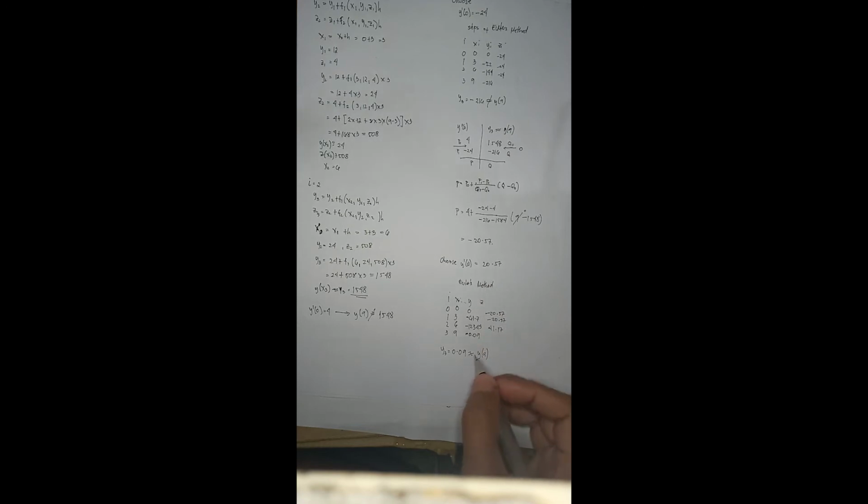By using negative 20.57, we can get 0.09 equal to y of 9. This is the final answer.